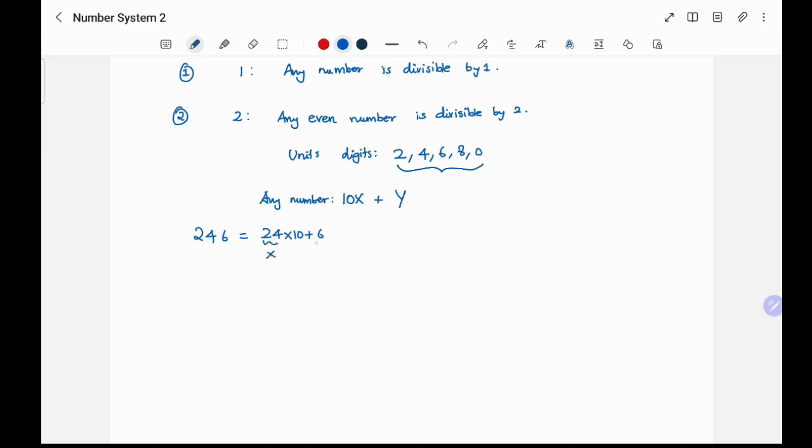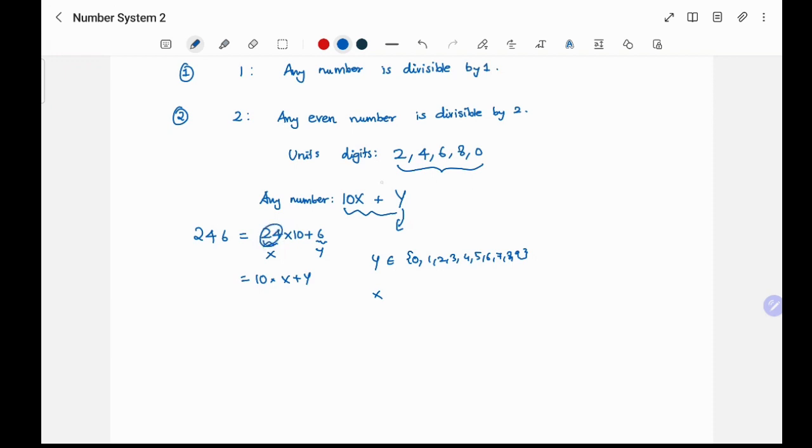So this is nothing but x and y: 10 into x plus y. Any number can be written like this, and y will always belong to 0 to 9. And x can be anything. It can also be greater than 9, it can be 10, 11, anything. In this case it is 24.